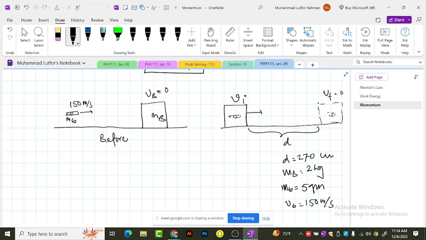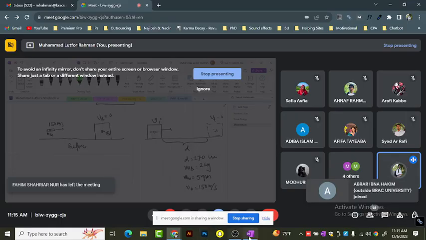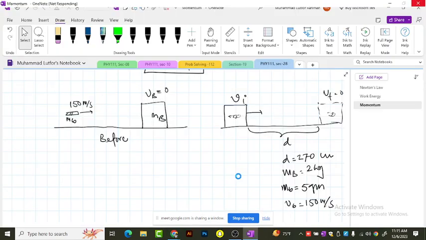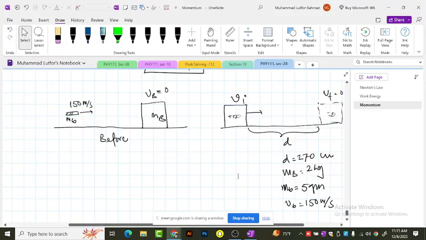Now they ask what is the frictional force acting on that part. There could be a lot of questions asked over here. So initially I'm going to find out only the frictional force acting on that block.